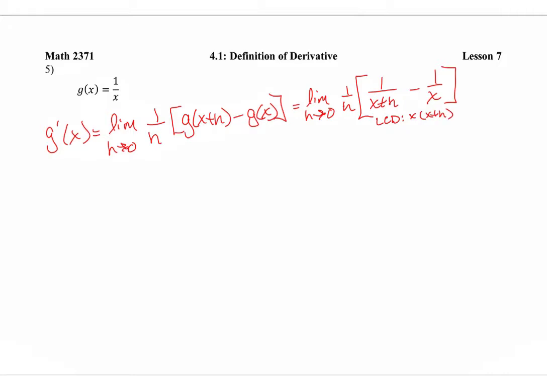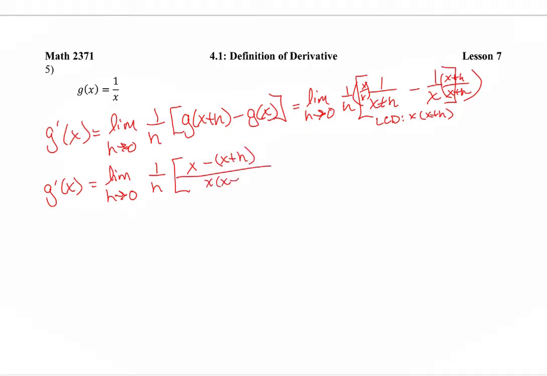So g prime of x equals the limit as h goes to 0 of 1 over h times, and I'm going to multiply this first bracket times x over x, and this one times x plus h over x plus h. And that will get my LCD on each side. So I'll have x minus parentheses x plus h all over x times x plus h.